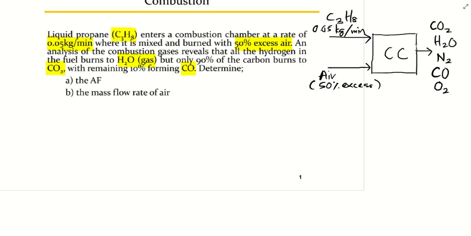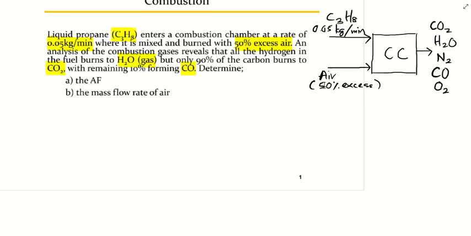Okay, take a look at this product. CO2, H2O, and N2 is actually supposed to be the product of combustion between C3H8 and air. CO is being stated by the equation, meaning there is a product of carbon monoxide.